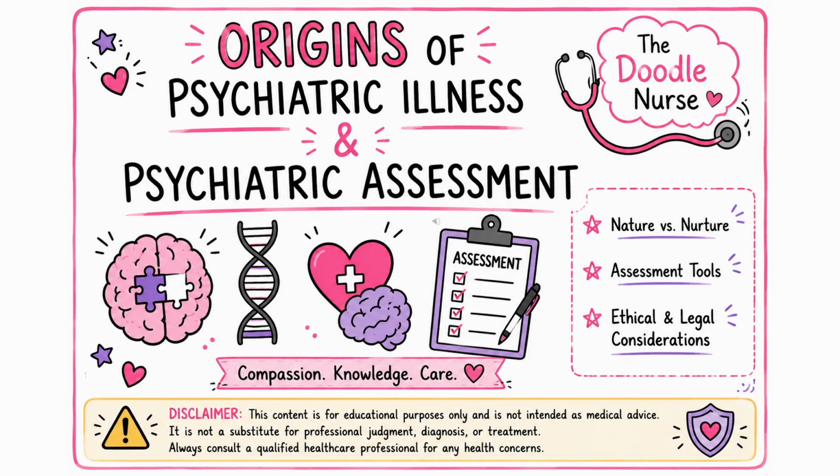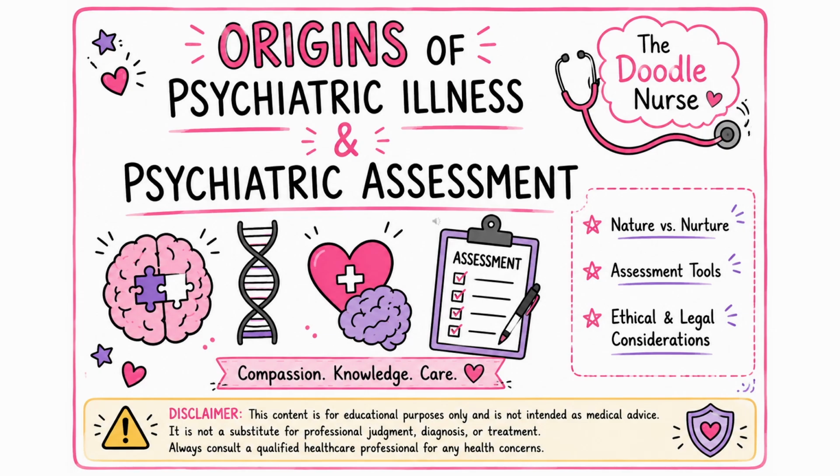Mental illness is rarely caused by a single event or a single biological abnormality. Instead, it develops through a complex combination of genetic, biological, psychological, social, and environmental influences.